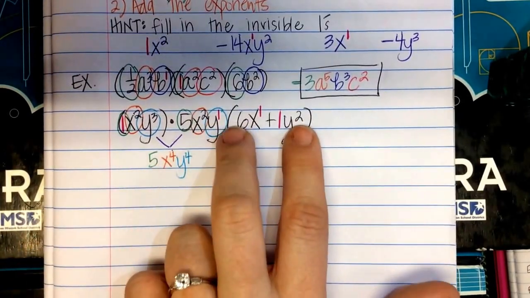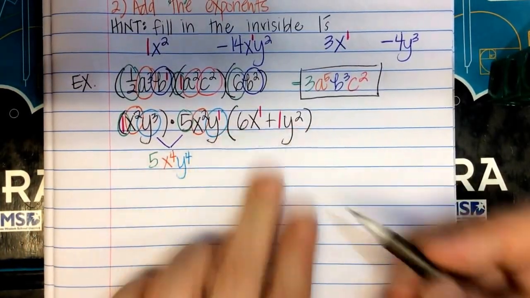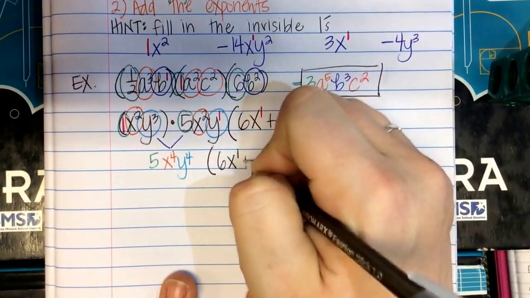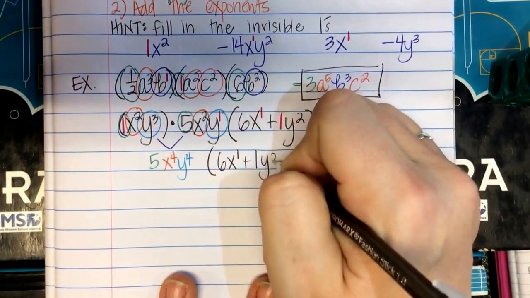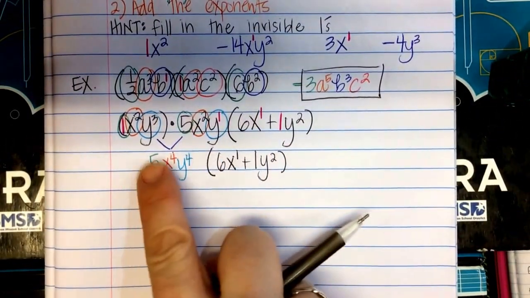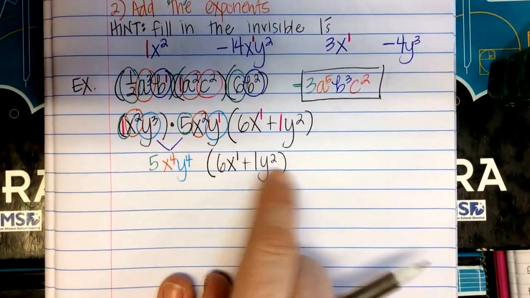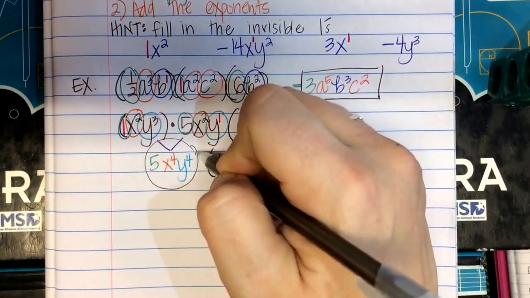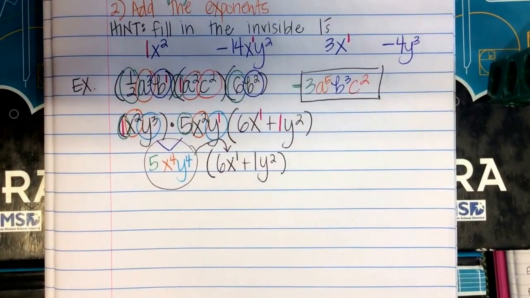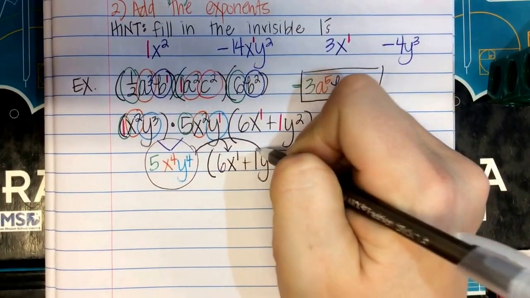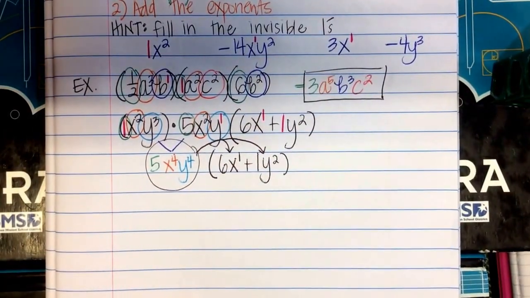What do you think I do with this part? I'm going to write it back down because I'm taking it step by step. And what do you do when there's a number outside parentheses? You distribute. You take this times the first term, a monomial, and a monomial times the second term.